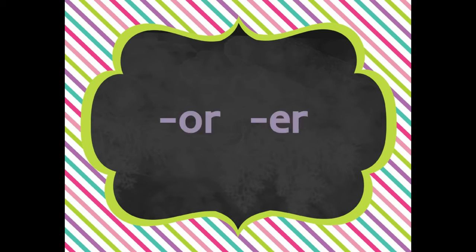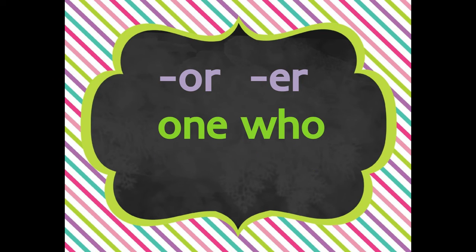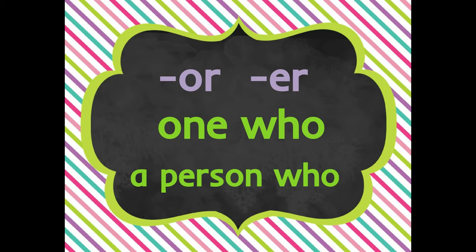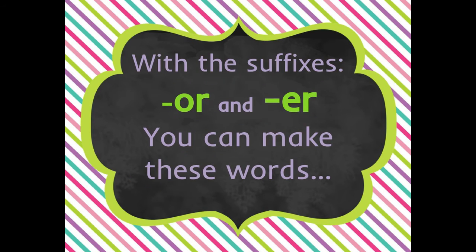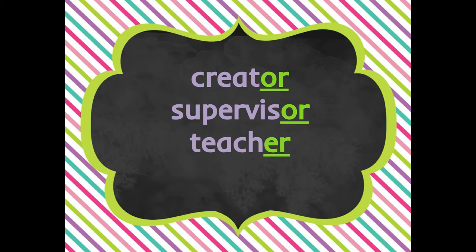We're going to look at two suffixes now, and the suffixes are OR and ER. We put these together because they have the same meaning, one who or a person who. With the suffixes OR and ER, you can make these words: creator, supervisor, teacher, dancer.